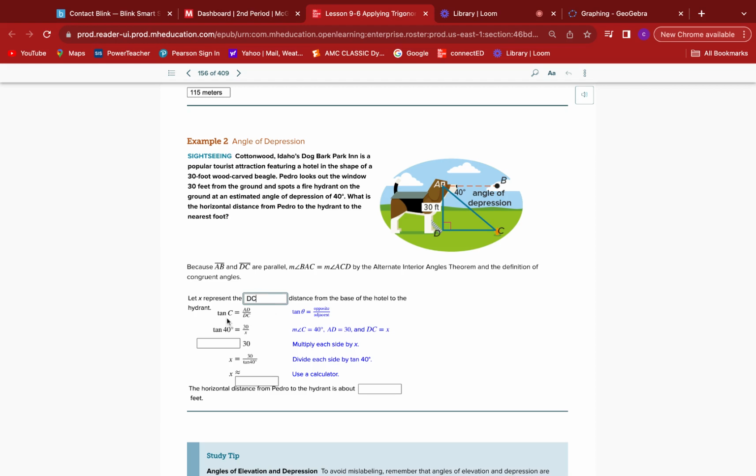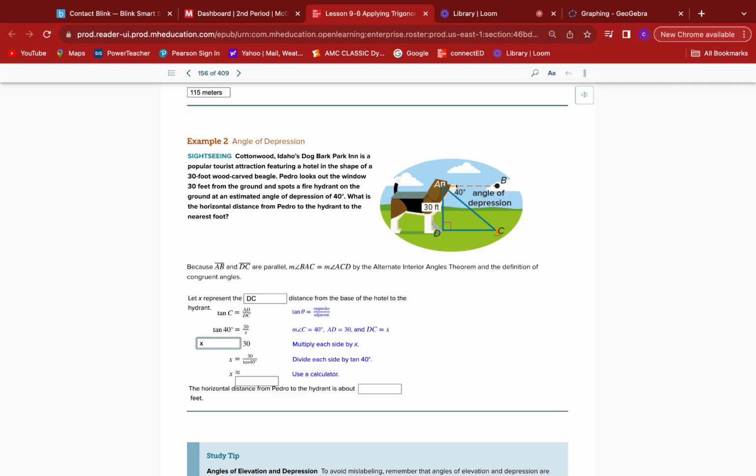All right, so it's going to be a tangent. We're going to put in 40 for the theta, or angle C. Your opposite side is 30. Your adjacent side is X. All right, we multiply each side by X. Okay, so they're not flip-flopping them.